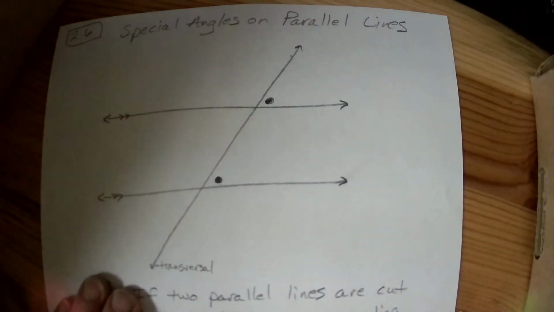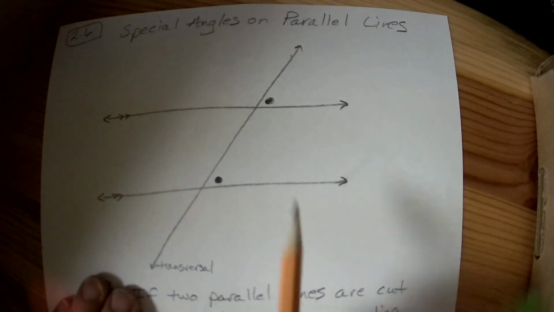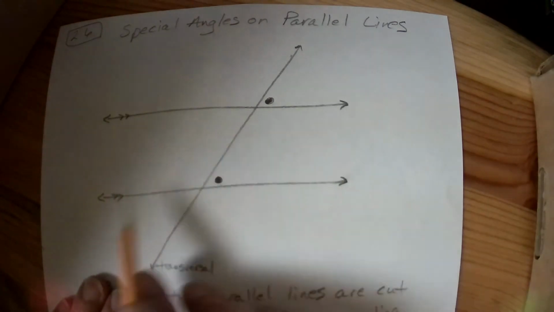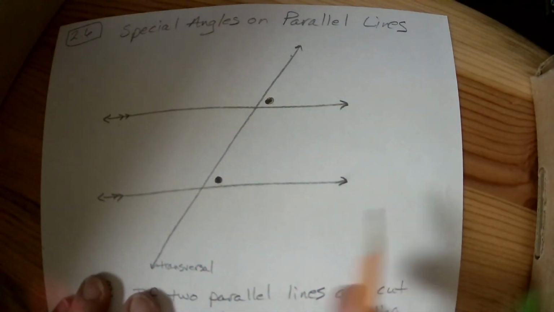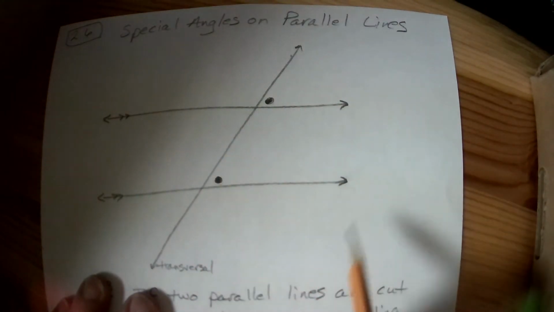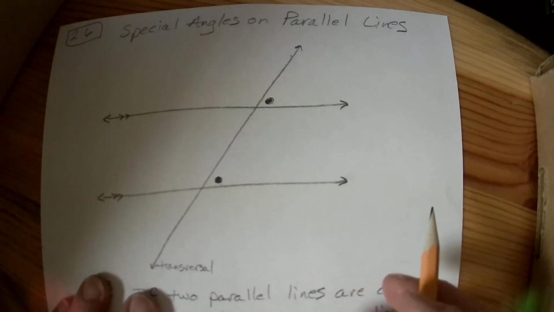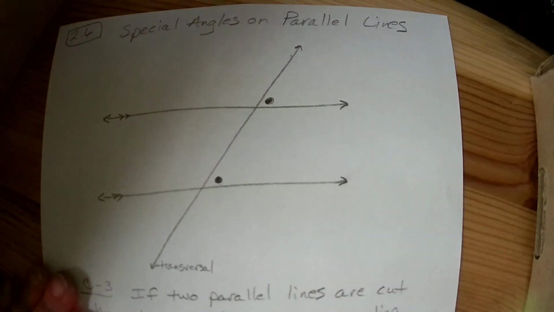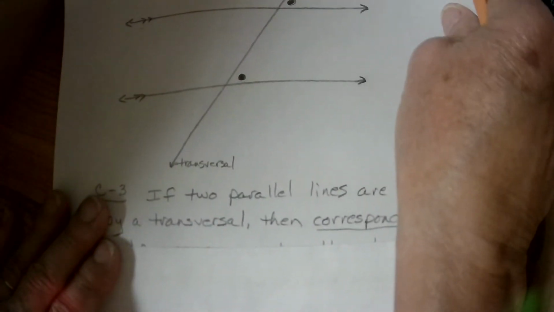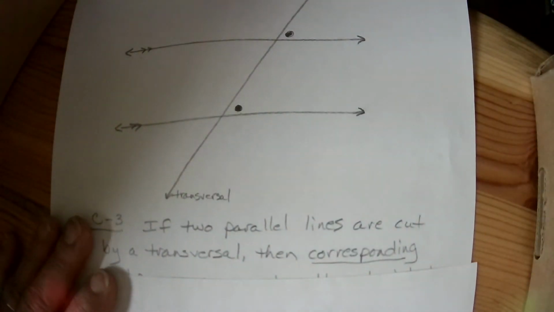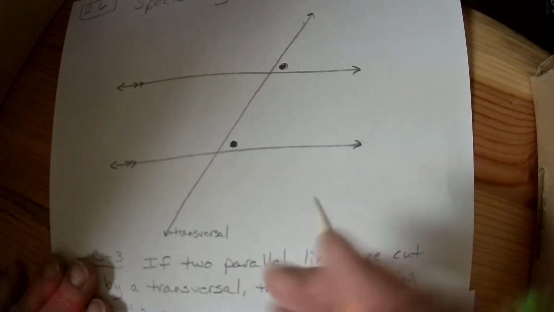I want to preface what I'm going to say next with this. If you have two parallel lines cut by a transversal, all the angles that look like they're the same are the same. And I also think I have this chart up in the classroom, so we will be talking about these relationships a lot.